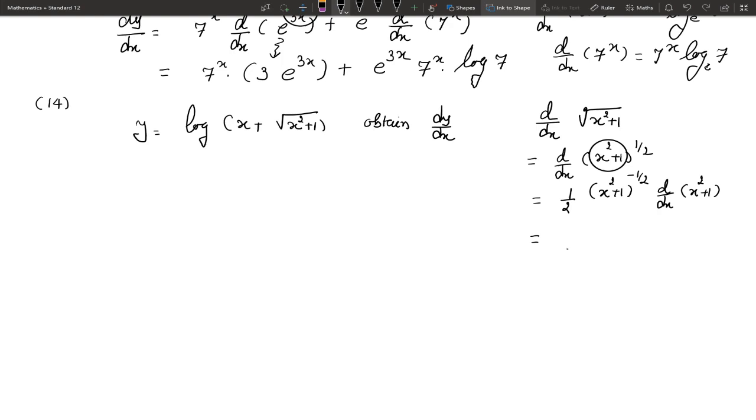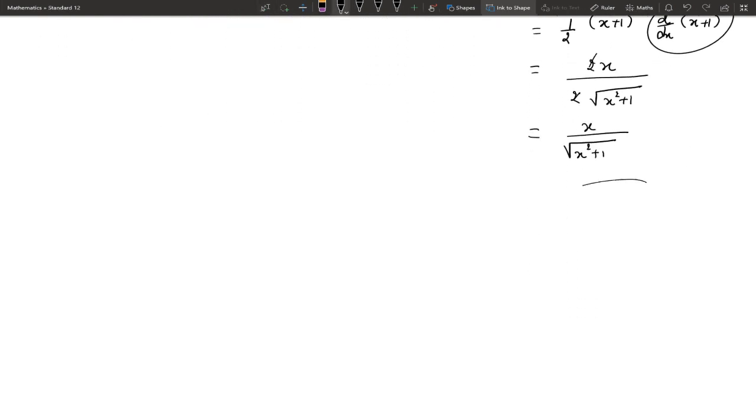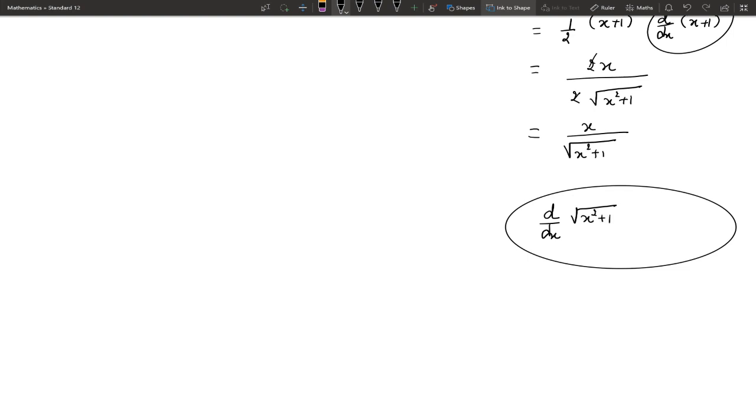Now simplification, this is 2, power is minus 1 half, so it is 1 upon x square plus 1 to the half, derivative of this thing 2x, 2 cancel, so this is x upon under root x square plus 1. So you remember this thing, d by dx of root x square plus 1, it is x upon under root x square plus 1. So please note this important result.